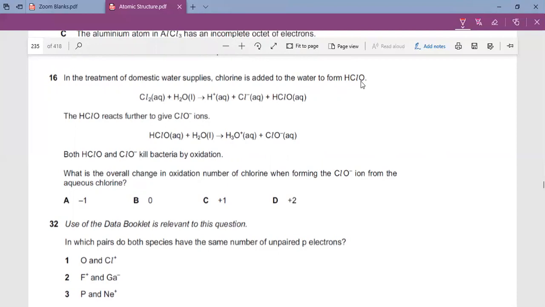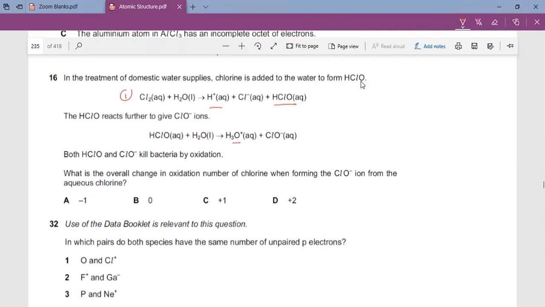Now there are 2 reactions when you put chlorine in water. The first reaction forms HCl and HClO. This is a bleaching solution. And this one further reacts with water to give you this one here. So finally this becomes acid. That's why this acid will kill the germs in your water, and also this one.